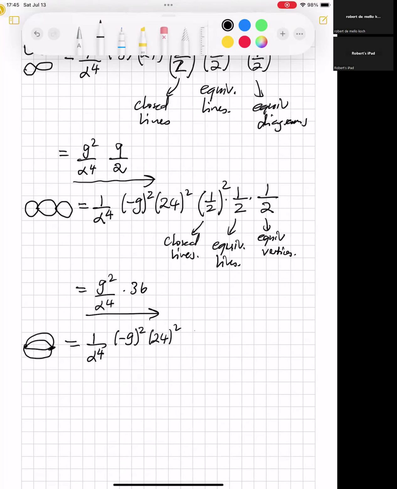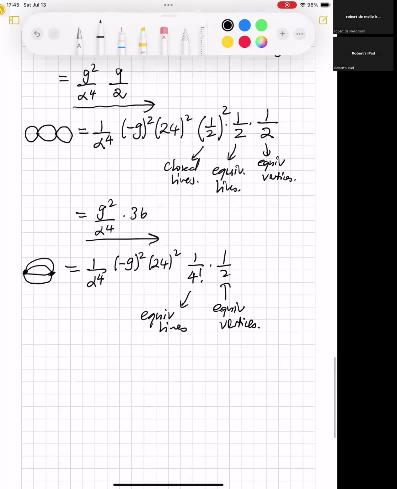Then we've got a 1 over 4 factorial because all 4 lines are equivalent. All 4 lines in this diagram start and end at the same point. And then we've got a factor of 1 over 2 for equivalent vertices. If we swap the 2 vertices in this diagram, we don't change where lines begin or end.